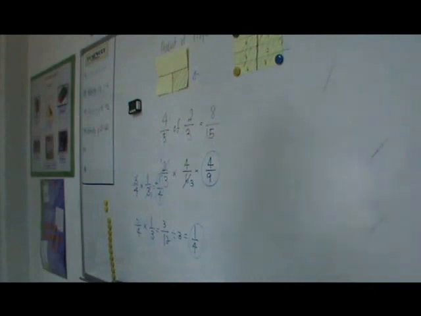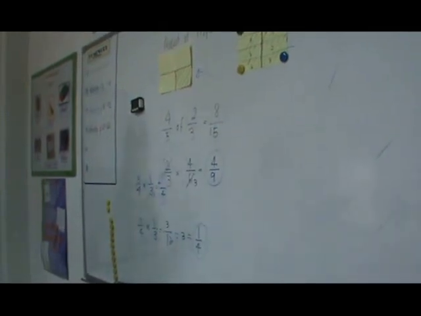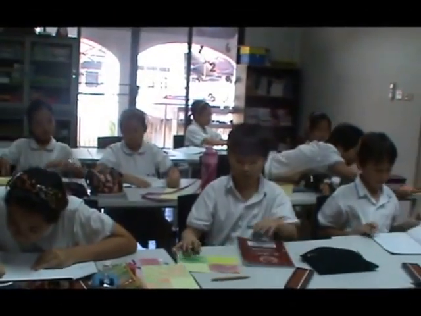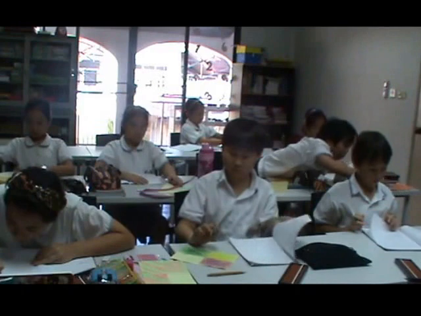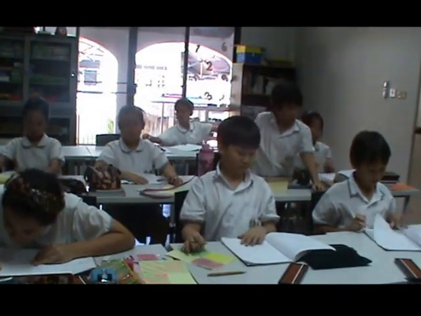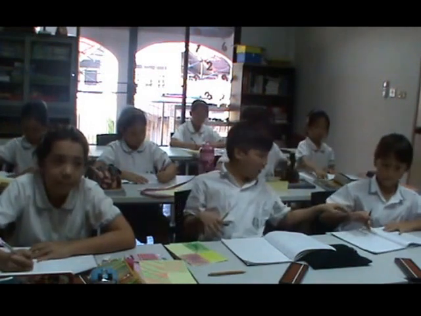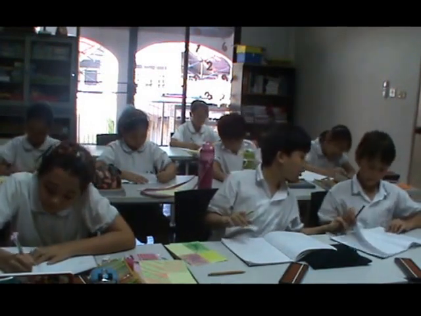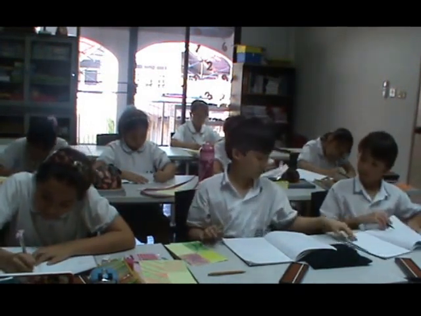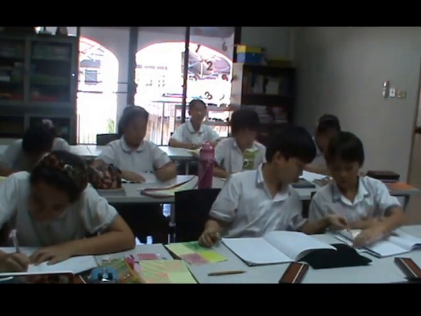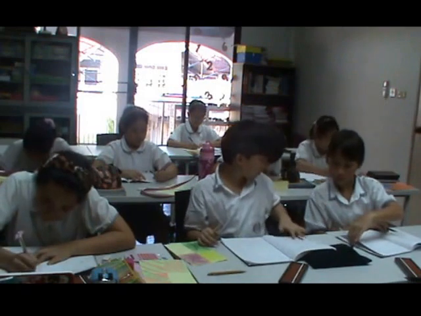Number 1. Write it down in your notebook. What you said, just write it down. Number 1 is 1 out of 5 times 3 out of 4. Yes, do it now. What was the question?